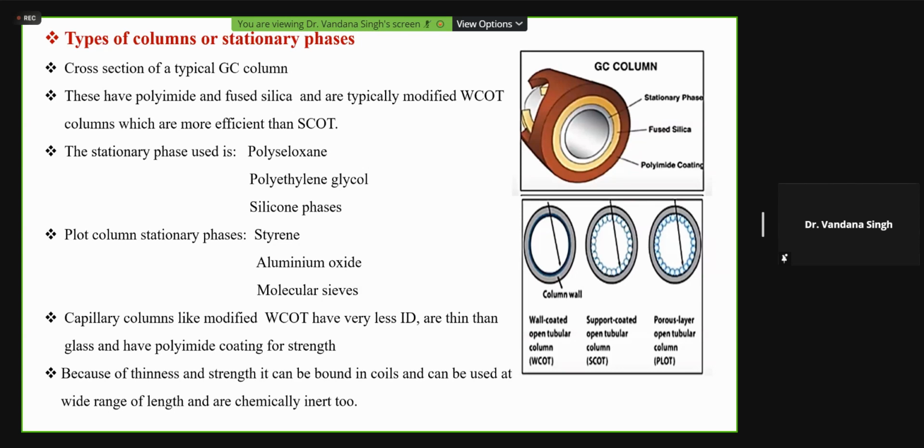So a very long length of capillary column can be used in the GC system. As we have seen in the earlier slide also, the length of the capillary column that can be used in a GC system is anything between 10 meters to 105 meters.